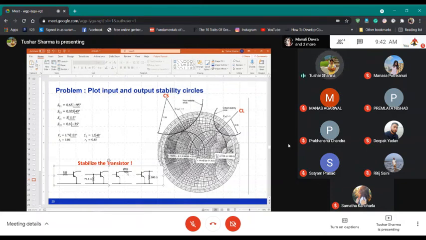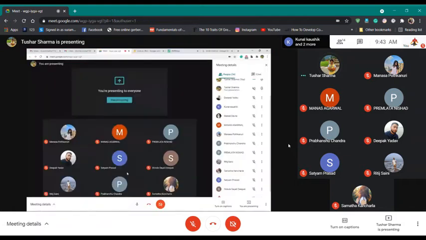So for JNU guys, the concept is very important, try to understand it, try to absorb it. I might give you some problems to work on, but did everyone understand how to plot a stability circle? That is my first question. Any confusion on plotting of stability circle? No, sir. Okay, great.